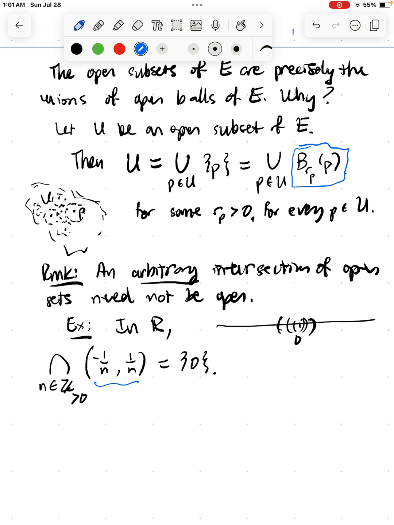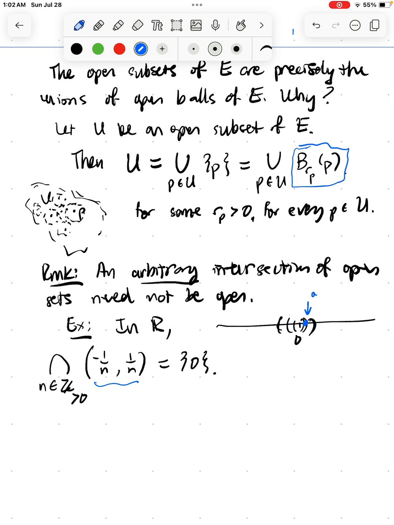Suppose that you were not 0, say you were at A, which is not 0. Then you can take n large enough so that 1 over n is less than A, and then that interval will not contain A. So that explains why this intersection is just the set consisting of 0.